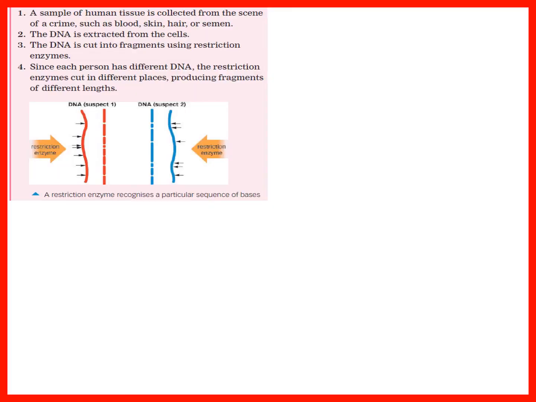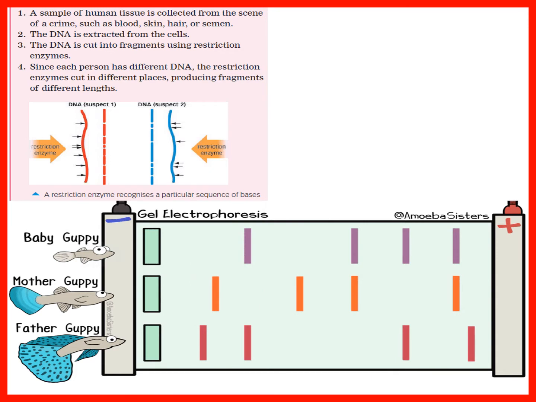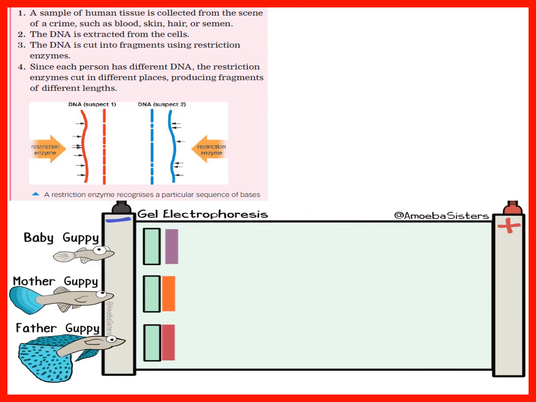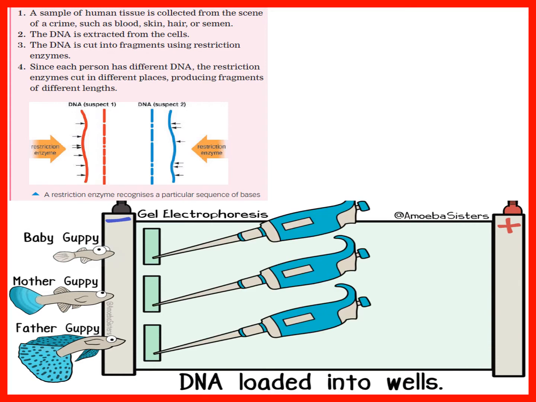So just to repeat this, you need to use restriction endonuclease to cut the DNA. The length of the DNA fragment clearly can be different due to the short tandem repeats. You can then put them in a gel electrophoresis to separate the DNA fragments. The shorter DNA fragments travel further, the longer DNA fragments travel much more slowly, and this produces a pattern of bands, and those patterns of bands can then be compared.